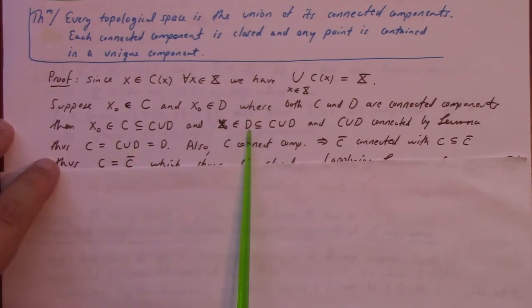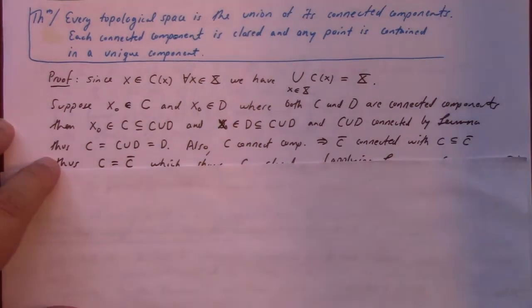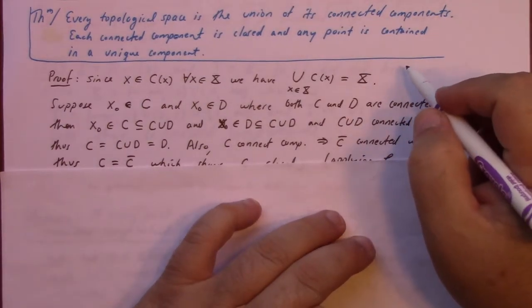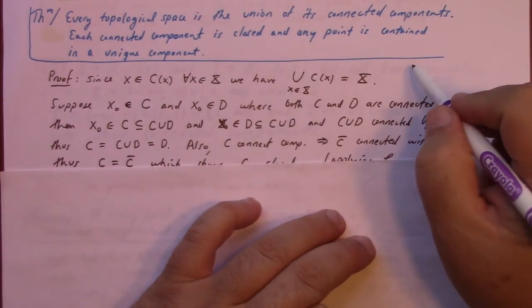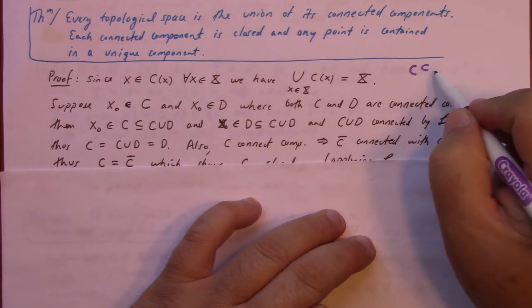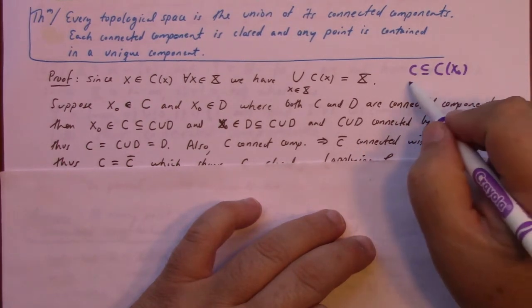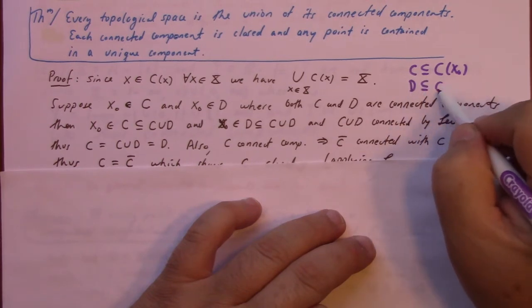D has to be a subset of C of x naught, right? Let me say that. Sorry, guys. From the lemma on the previous page, we definitely have that C is a subset of C of x naught, right? And D is a subset of C of x naught.